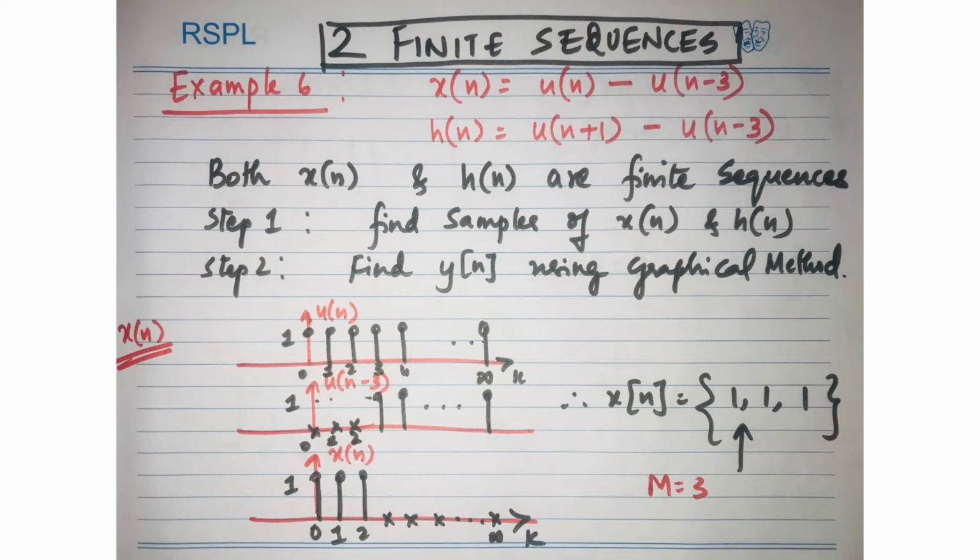One is, first you find out the samples of x of n and h of n, and then compute the convolution sum using the graphical method. So by sketching u of n minus u of n minus 3, we can get x of n as 1, 1, 1, and the length of the sequence is 3.